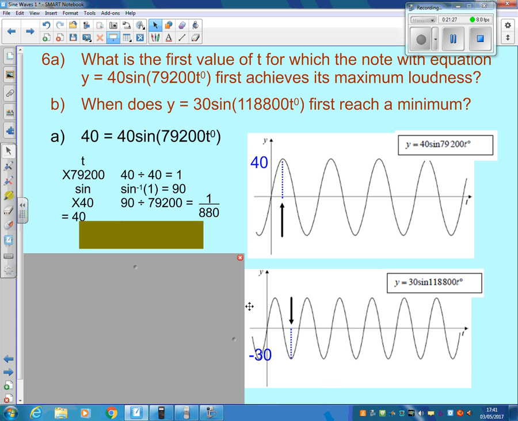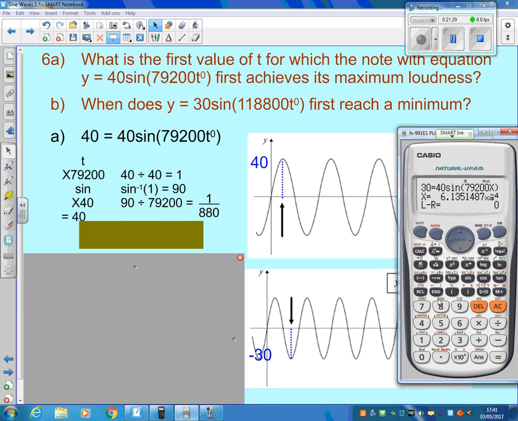Shift sine of 1. Sine to the minus 1, you probably know this one already. Sine to the minus 1 of 1 equals 90 degrees. So you get your 90. So 40 divided by 40 is 1, sine to the minus 1 of 1 is 90. Divide it by 79,200.